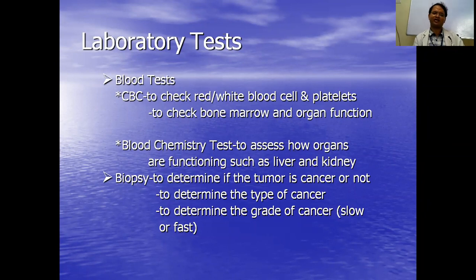Blood chemistry is used to know how the other organs are functioning, especially the liver function test and the renal function test. Biopsy is required to determine whether the tumor is cancerous or not. The biopsy is used to determine the type of the cancer and the grade of the cancer.